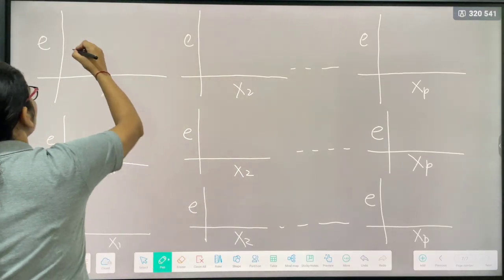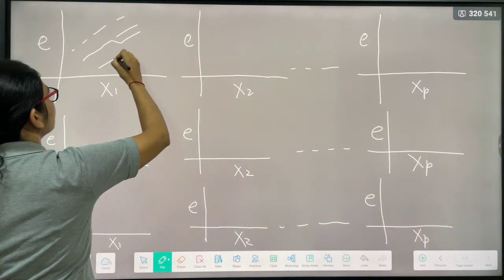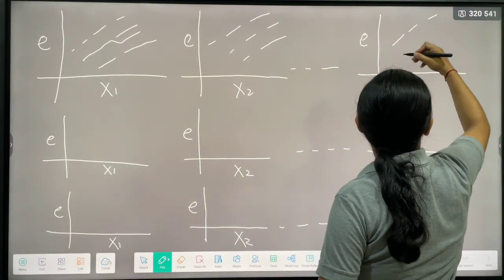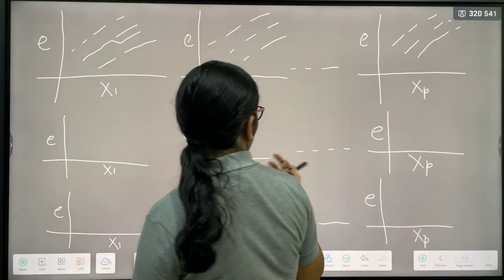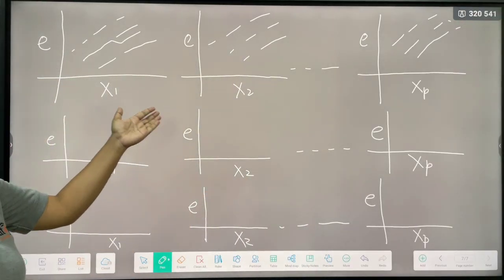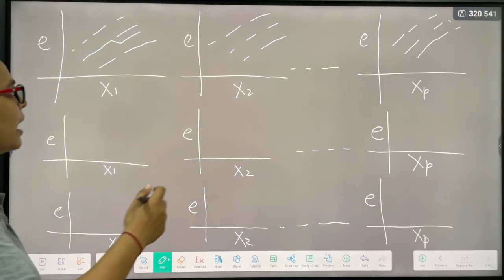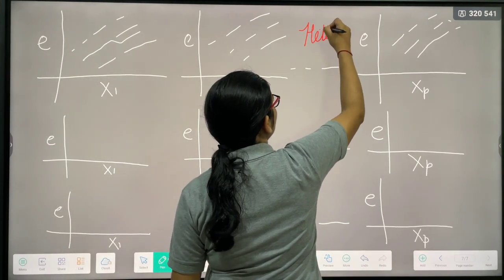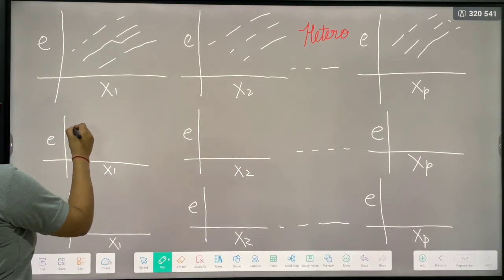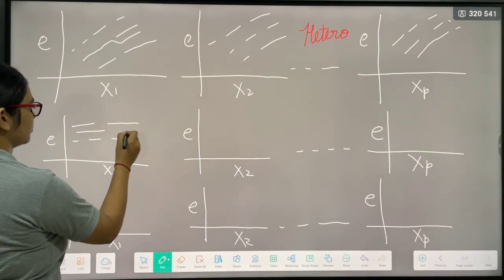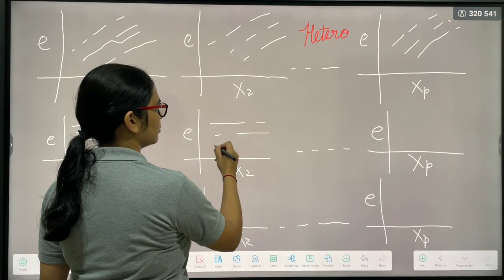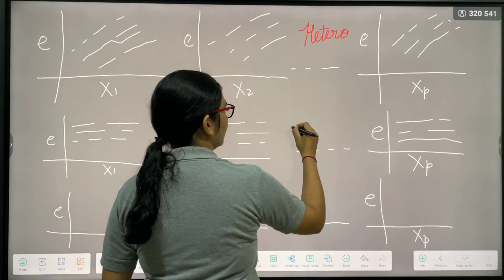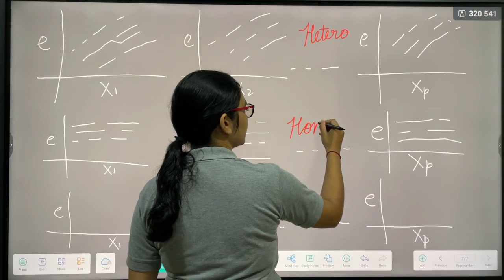If our values are increasing like this, then again there is more variability. As the value of x increases, the value of the residual also increases, and hence this is heteroscedastic. If our value remains constant, then it is homoscedastic.